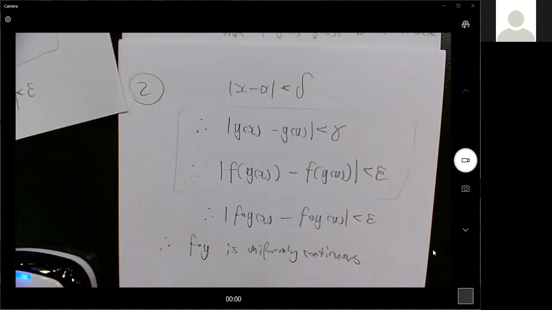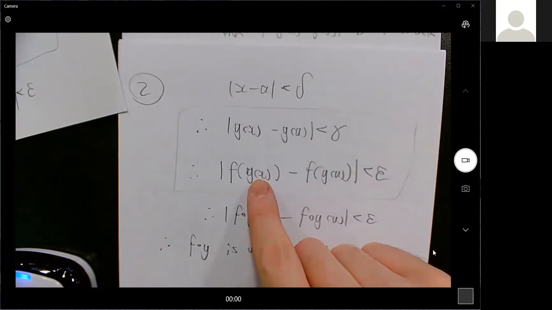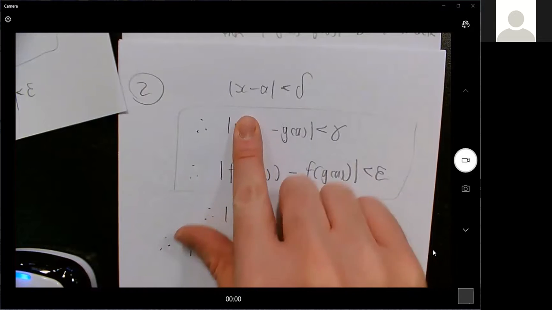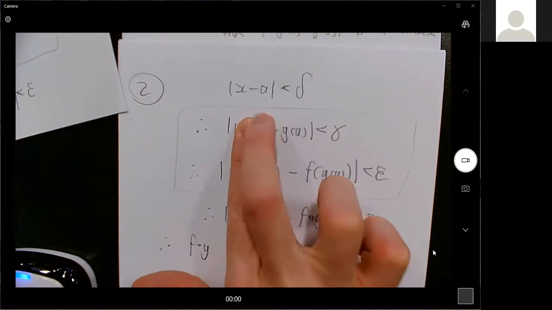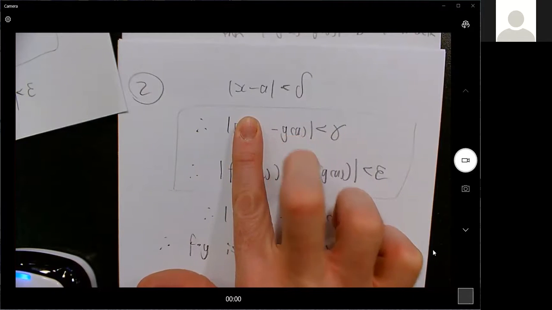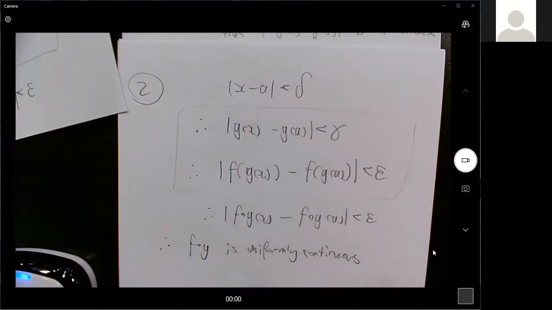I just want to deal with my uncomfortable feeling for a second. So we know that whenever x minus g of A is less than, whenever x is within gamma of g of A, then f of x is this. But if x happens to be g of x, it'll still work. Okay. Yep.